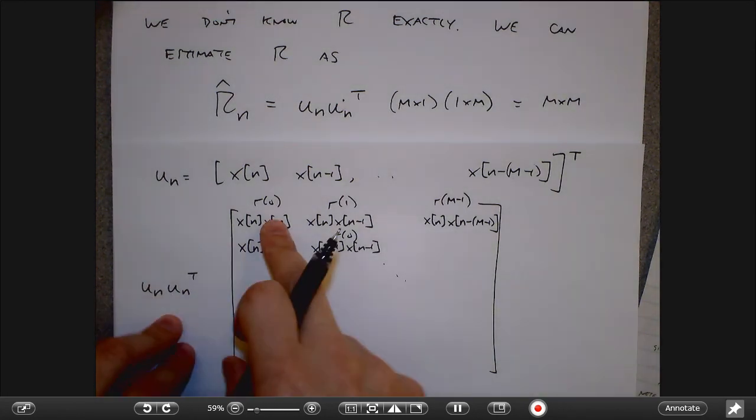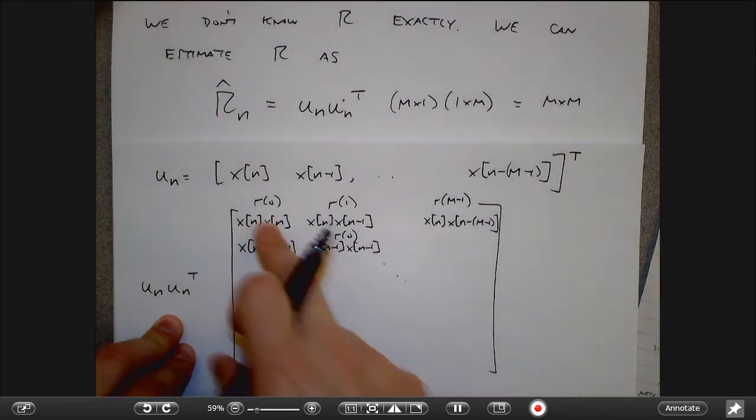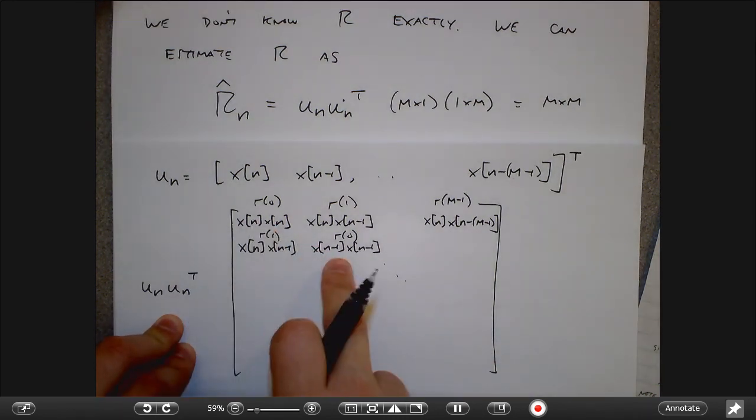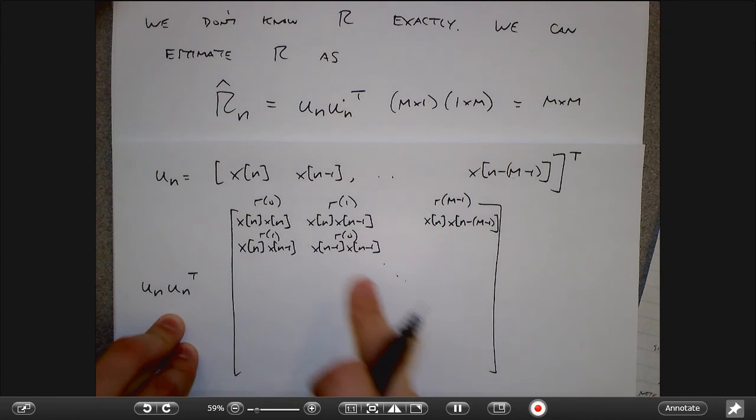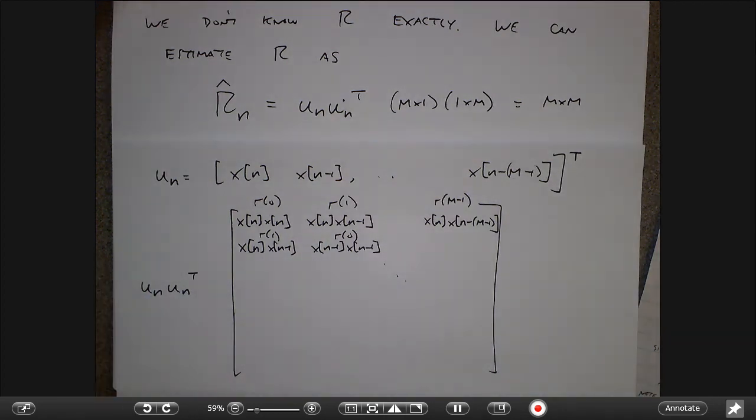Here, these are going to be like x of n squared, x of n minus 1 squared, and so on. Those are all going to be different values, right? So this matrix is going to be a hairy approximation to the true underlying autocorrelation matrix. But if I took the expected value of it, I would get what I wanted, right?